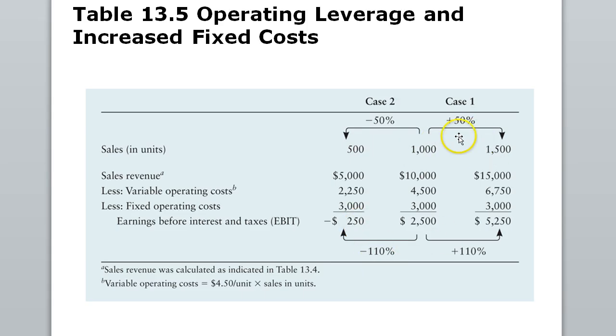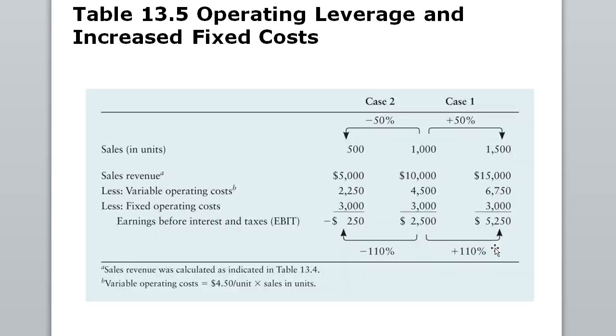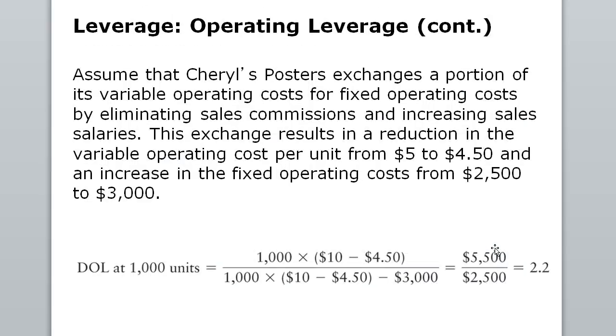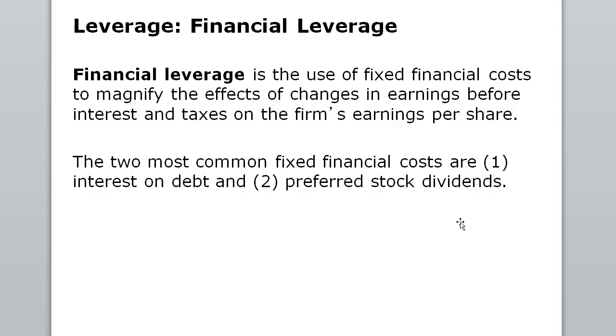And if we increase our posters by 500, we get a $5,250 increase, or 110%. Just looking at these numbers here a little bit. Okay, so this would be the percentage degree of operating leverage.